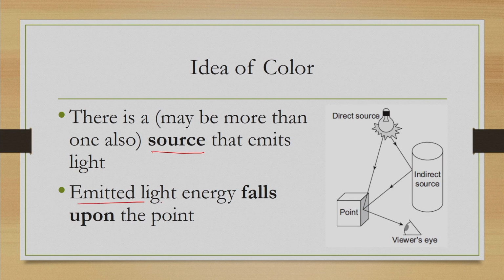Now, this emitted light falls upon the point. Like in this figure, as you can see, we have one source, that is a light bulb, and it emits light. The light intensity falls on these two object surfaces.